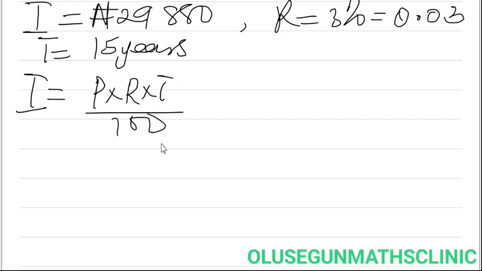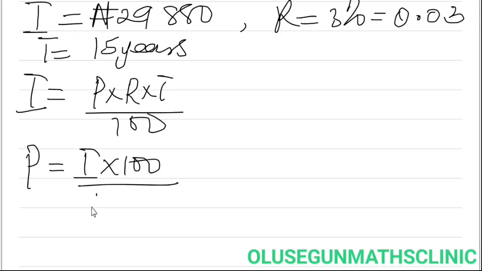But we can also make the principal the subject, the term that we need to find. The principal is the interest times 100 divided by rate times time.